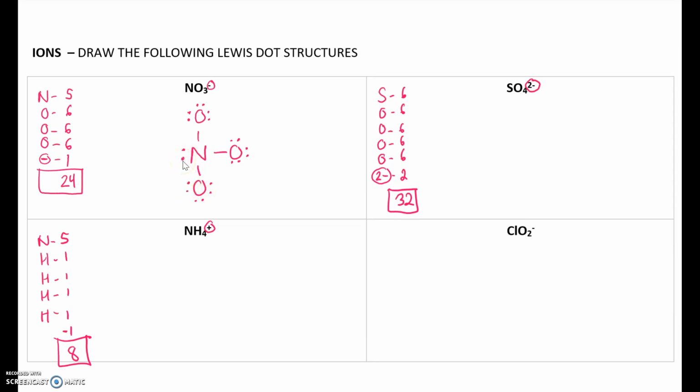So now I know I have too many valence electrons, right? I'm using 26 here, and I only get 24 over here. So what I have to do is get rid of these valence electrons. So I have to figure out a way to move these structures around so that somehow I'm using fewer valence electrons.